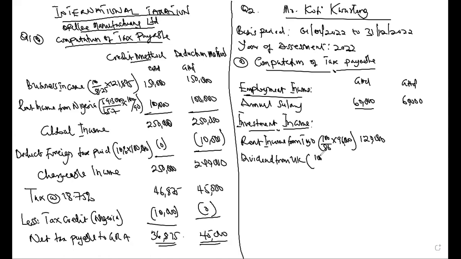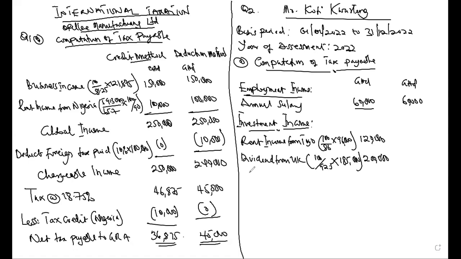So that will be 100 over 92.5 multiplied by 185,000. That will give us 200,000.